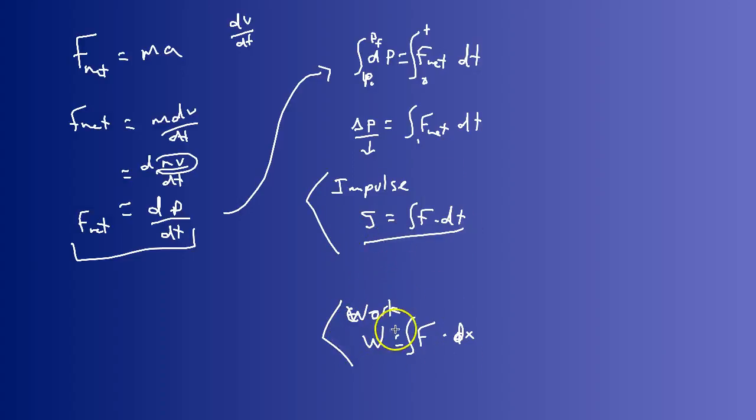We're starting to get to the point where you actually can choose. The clue is that impulse helps you relate a force and a time, whereas work relates a force with a displacement. So we'll focus here on impulse, force with respect to time, and see what the consequences of this approach are, or what it means really for us.